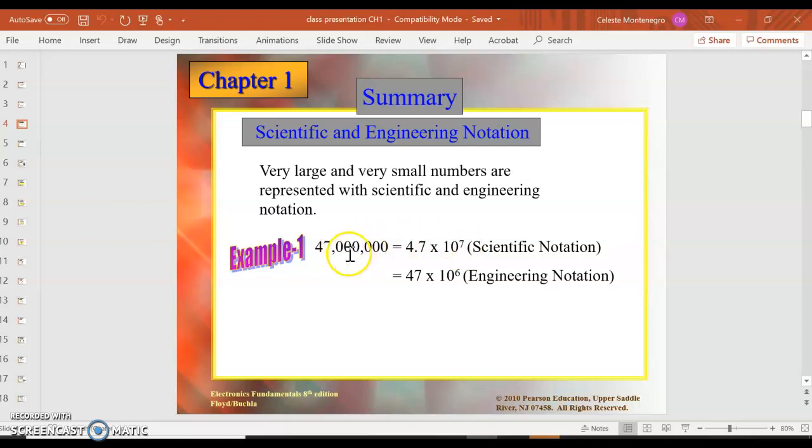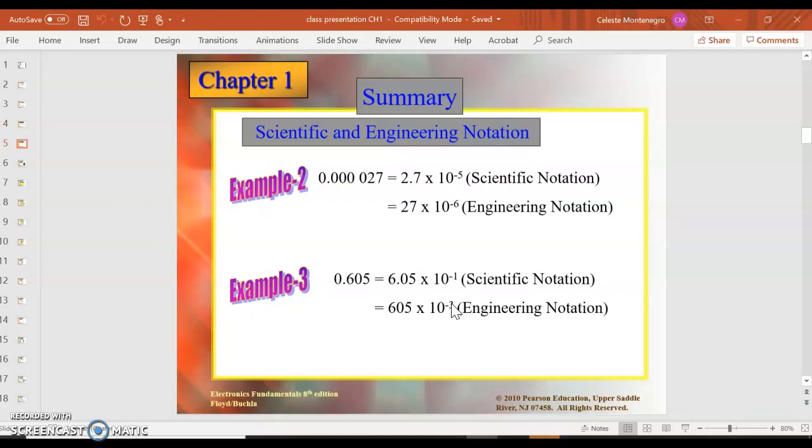Then the same number using engineering notation, where we can have 1, 2, or 3 digits, but the base has to be raised to a power multiple of 3. So clearly here we see the same number just expressed in different values.